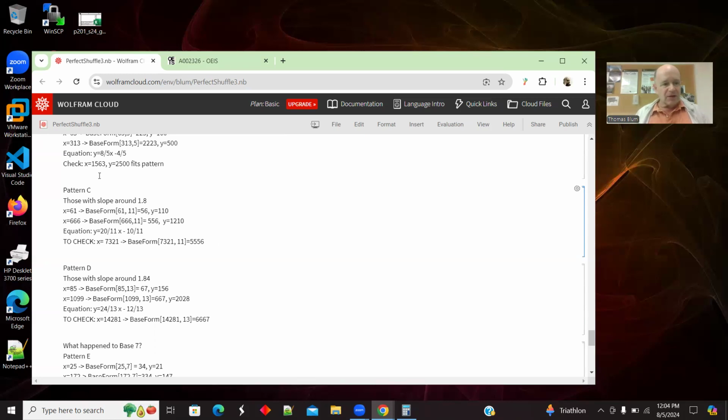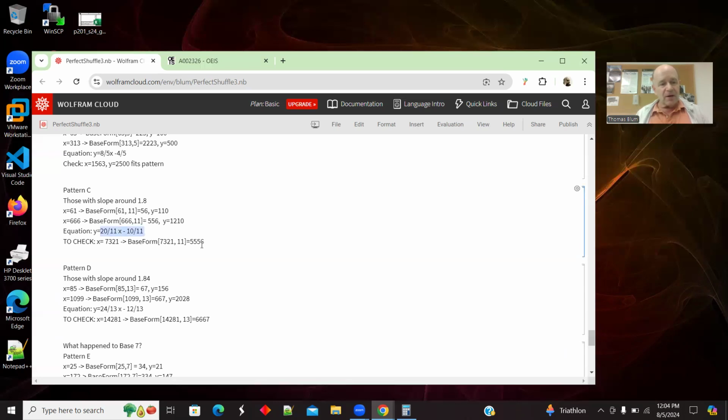Okay, so in base 5, I saw a pattern, and it was 8/5 and 4/5. In base 11, I found a pattern, and it had 20 and 10. Sort of like, here's my base, this is one less than it, and this was double it.